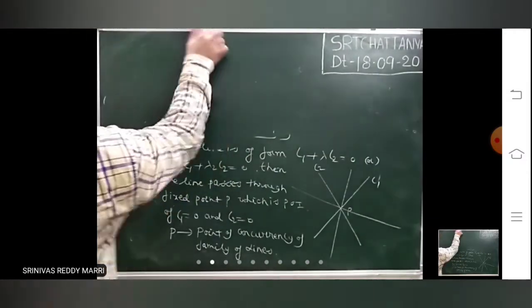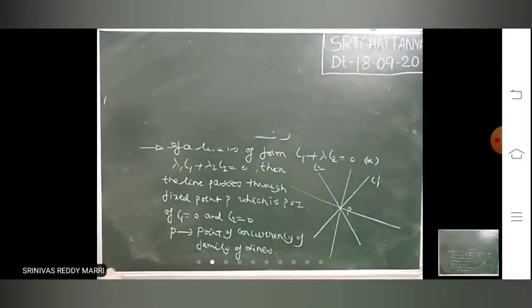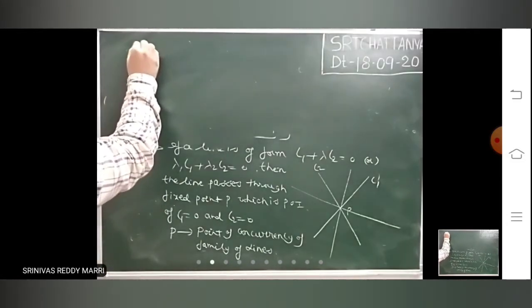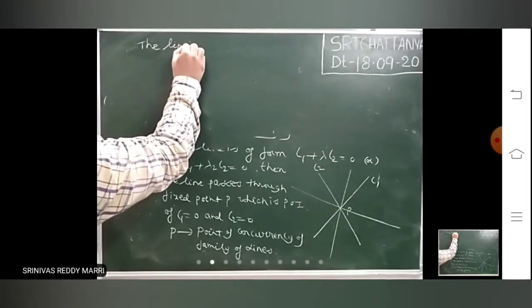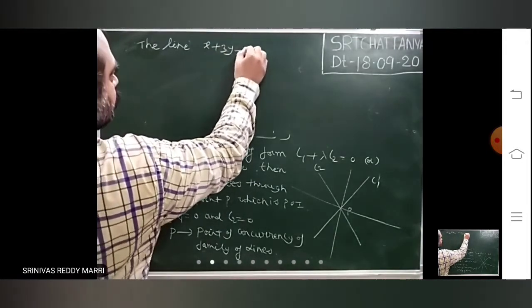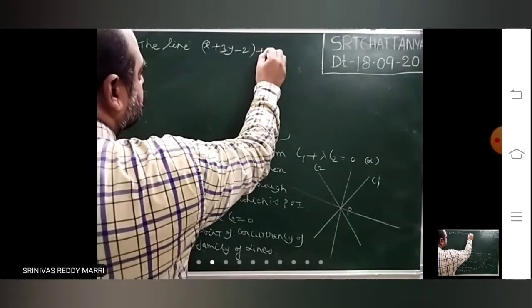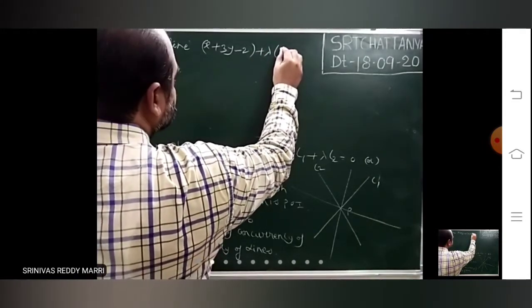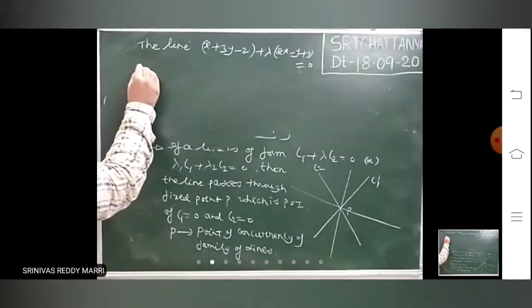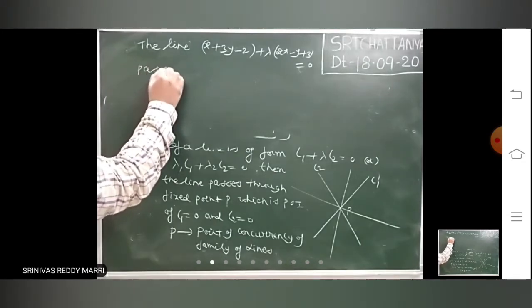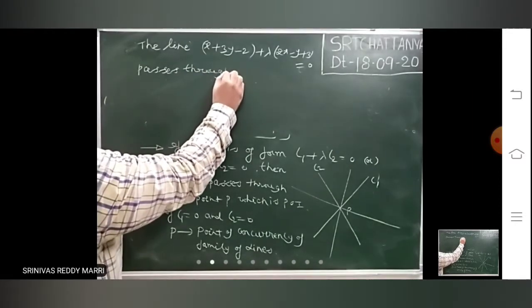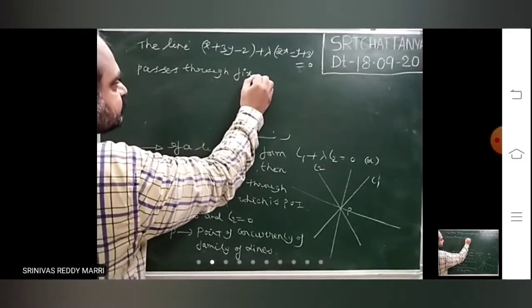Suppose the problem will be like this: the line passes through a fixed point.